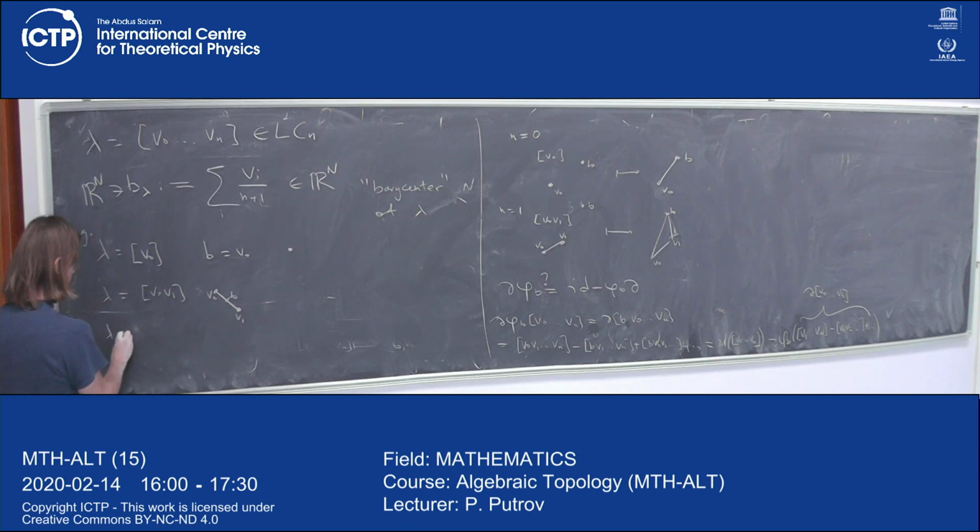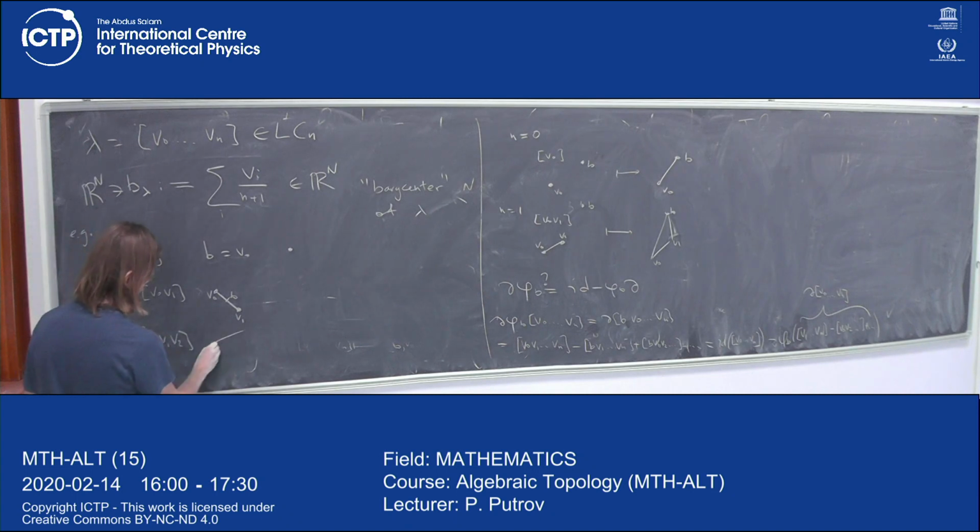And if lambda is a triangle, again possibly degenerate, V0, V1, V2, how do we define the barycenter?